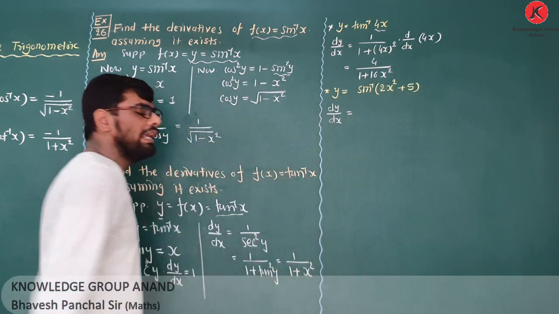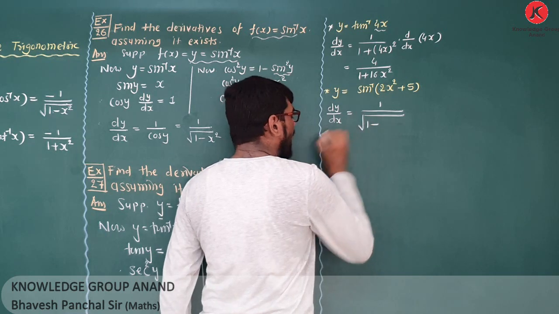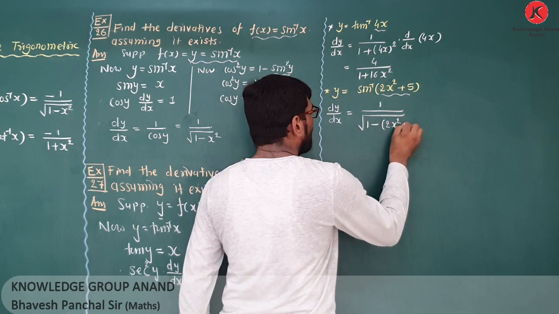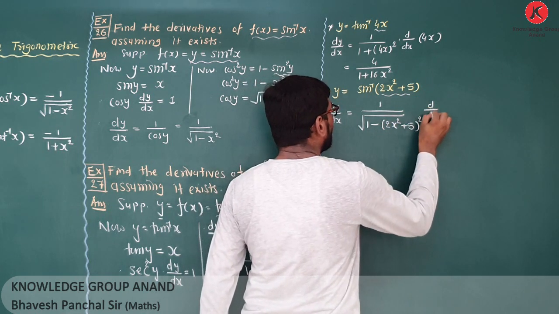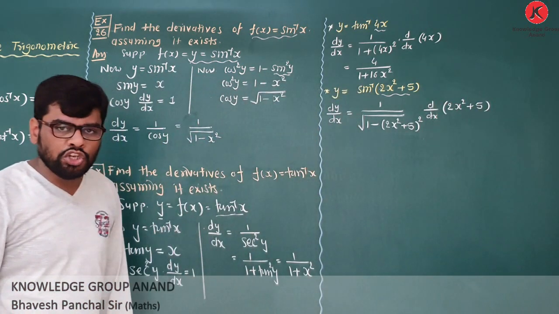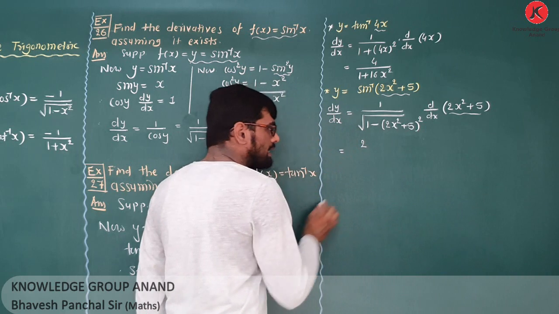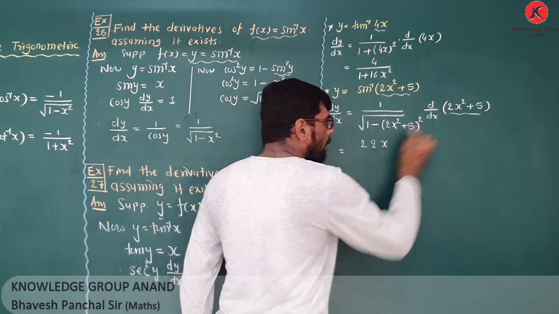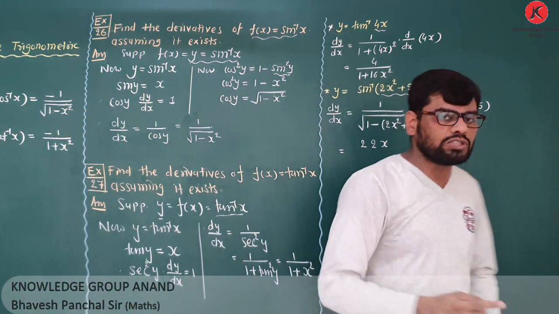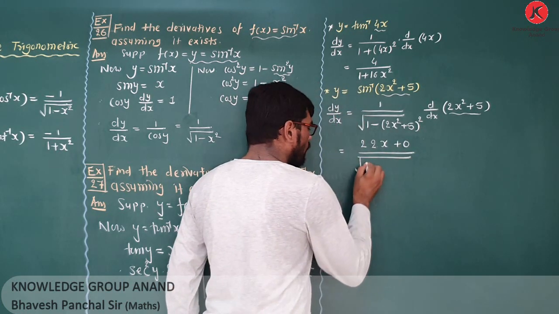First derivative of sin inverse, which is 1 upon under root 1 minus x square, but here x is 2x square plus 5, so 2x square plus 5 whole square, into derivative of inner function. In numerator, derivative of 2x square plus 5: 2 as it is, derivative of x square is 2x, plus 5, which is a constant term, and we know that derivative of any constant term is always 0, so we write plus 0.